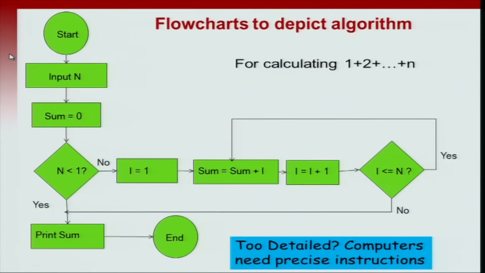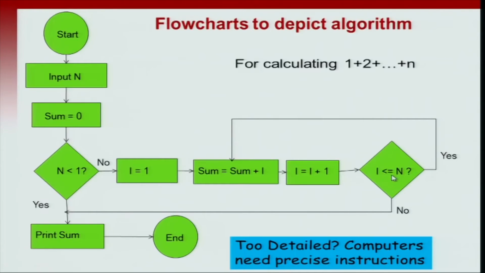So, let us look at a flow chart to depict a mathematical algorithm, and we will use this flow chart to explain certain conventions about how algorithms can be described. Every flow chart will have a start and an end, and it will have a finite number of boxes.